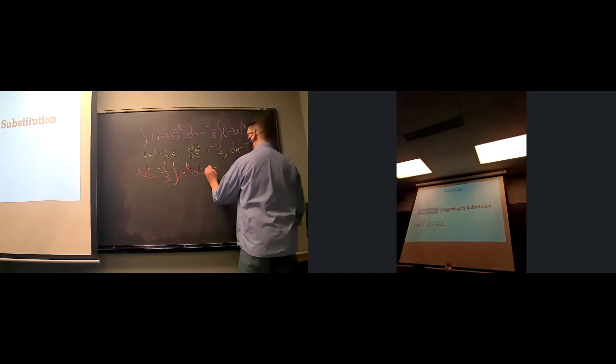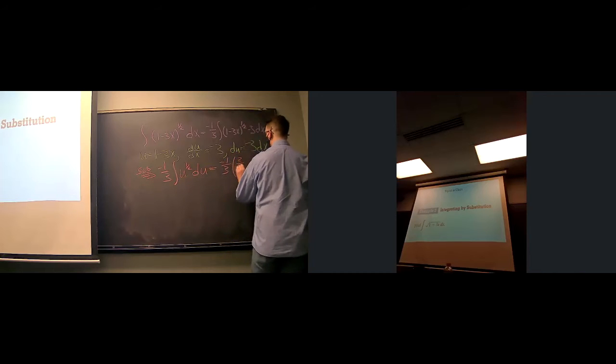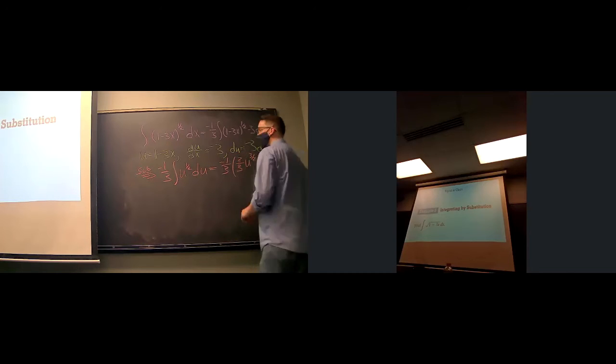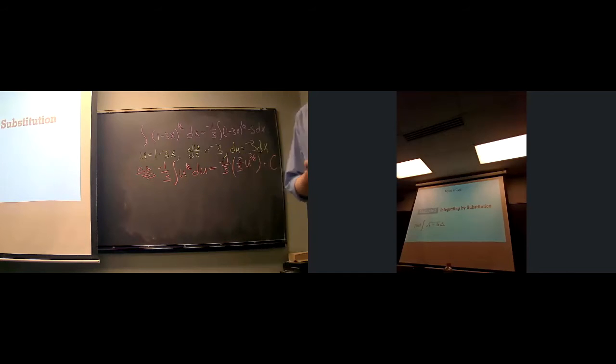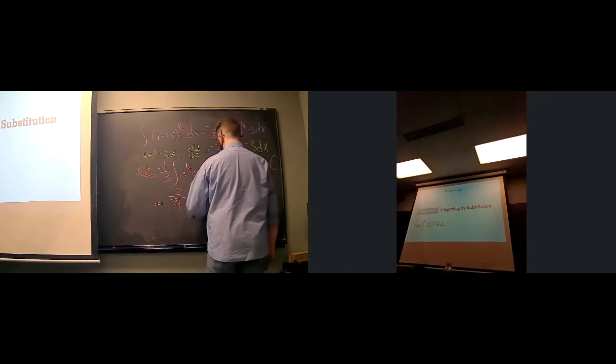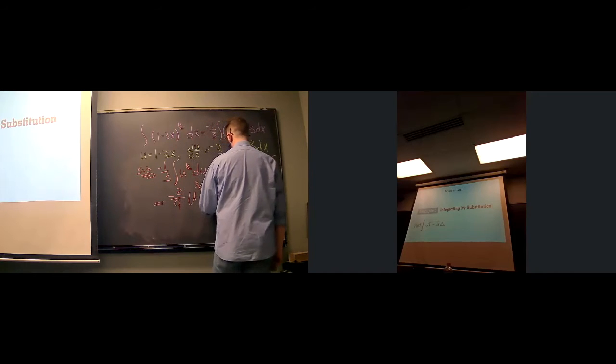Integrating this out, negative 1 over 3. This is going to give us 2 over 3 u to the 3 over 2, that quantity plus c. Let's simplify everything. It's going to give us negative 2 over 9 u raised to the 3 over 2 plus c.